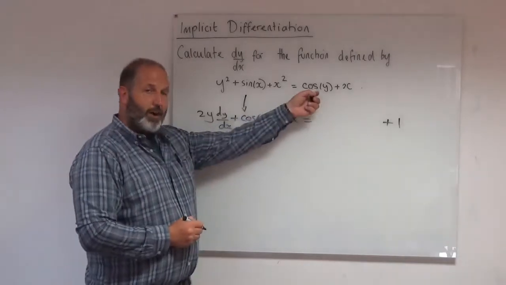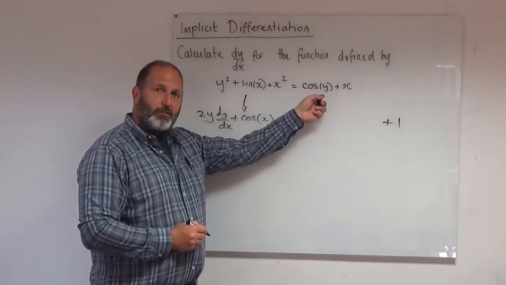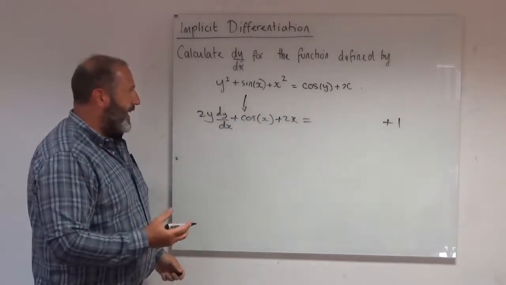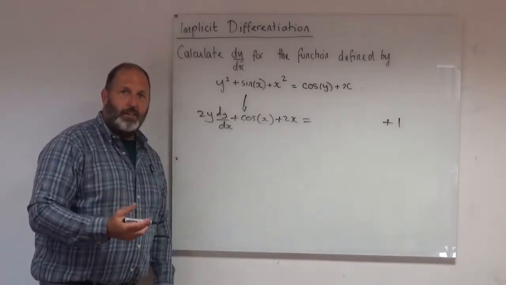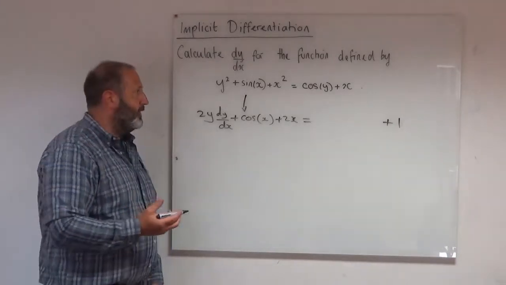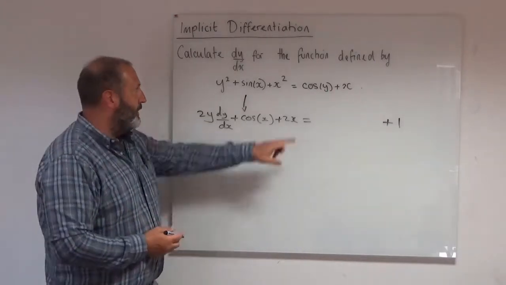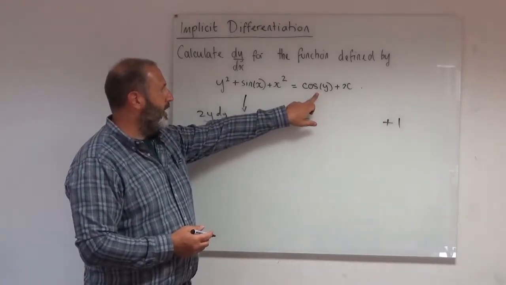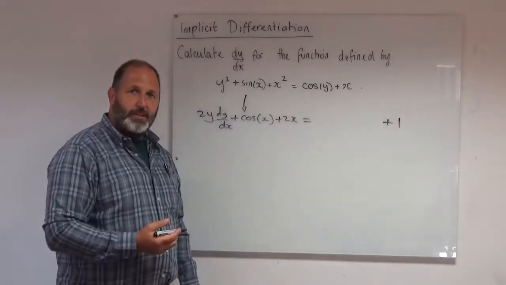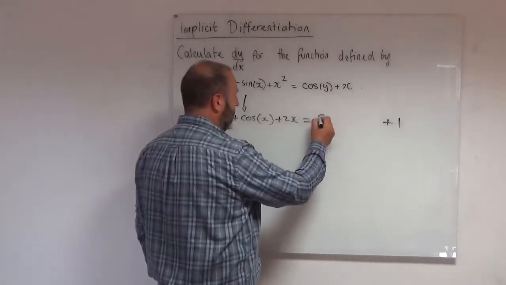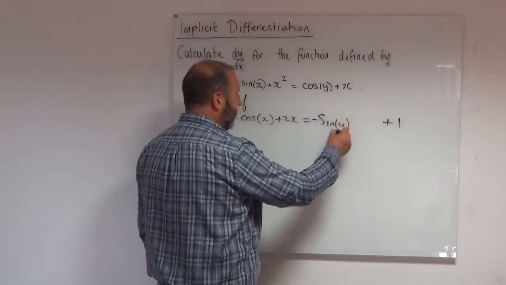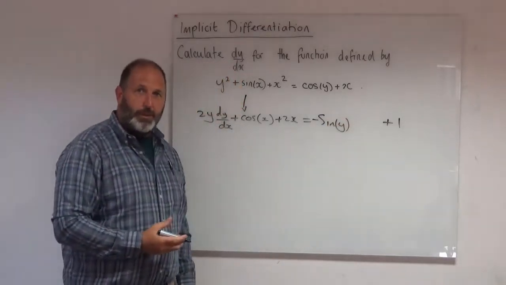So I think I can do that over here with this other function. If I had cosine of x and I differentiated it, I'd have minus sine x if I differentiate with respect to x. So if I differentiate this with respect to y, I should get minus sine y. Seems simple enough.